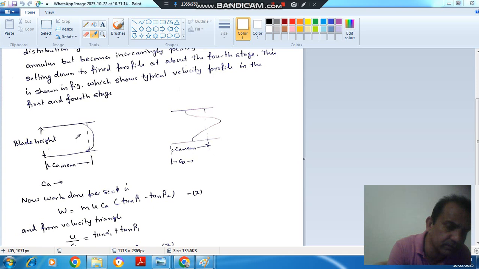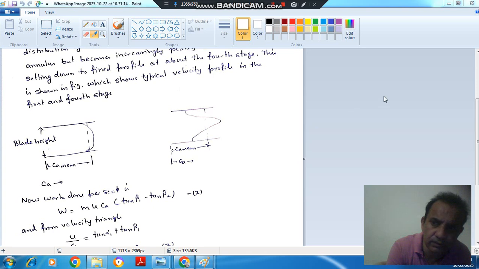This is your first stage, and these variations become more prominent as we move ahead in the number of stages. So in the fourth stage, this is the velocity profile, and after that this velocity profile becomes stable, so it will remain peaked at the center and remain depressed at the edges.